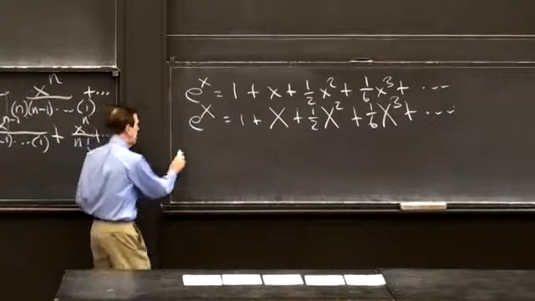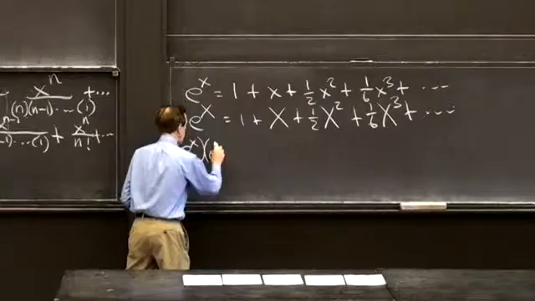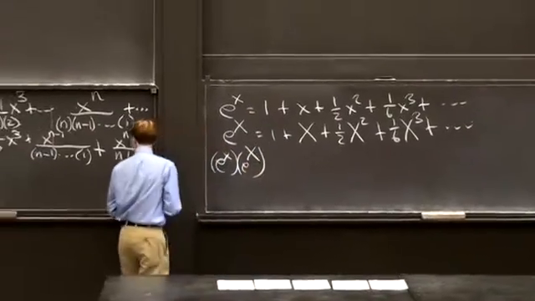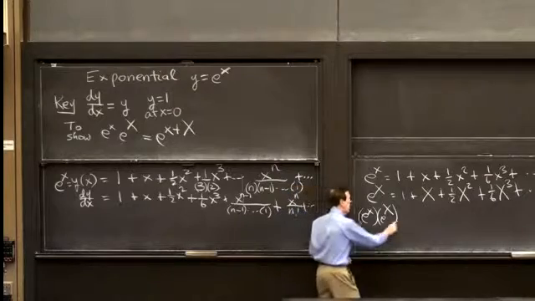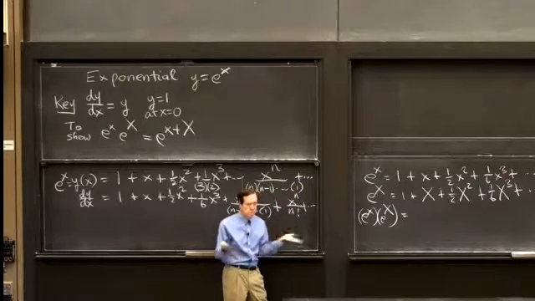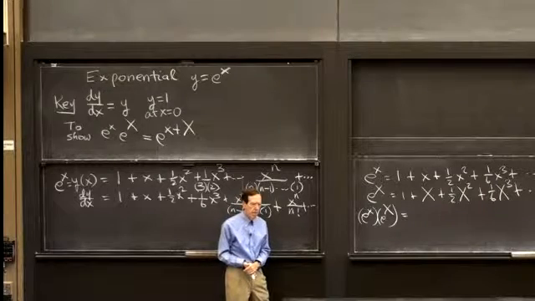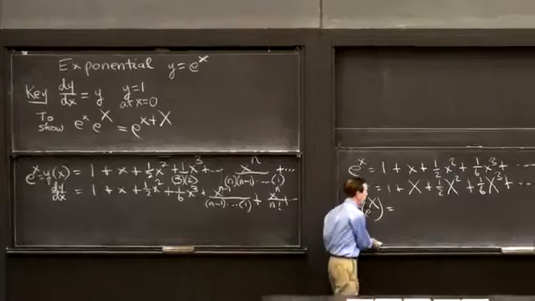Let's multiply these. e to the x times e to the capital X, because that's what I'm interested in knowing. Okay, can you just do all the multiplications? And we'll see what we get.